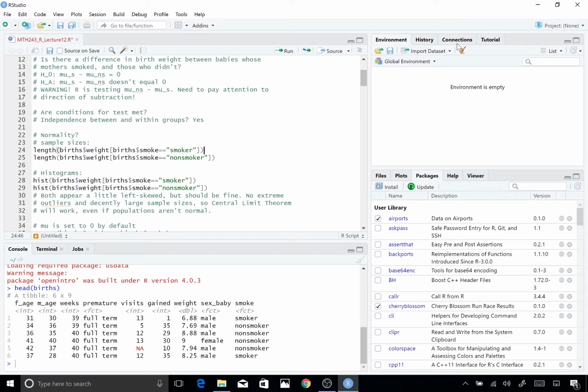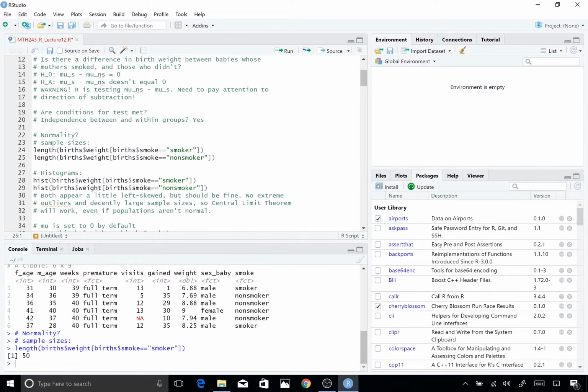I can use this square bracket notation to subset elements from the data. This line is saying, tell me the number of elements in births dollar weight where the smoke variable is smoker. So it's telling me how many babies had smoking moms. And this one tells me how many babies had non-smoking moms.